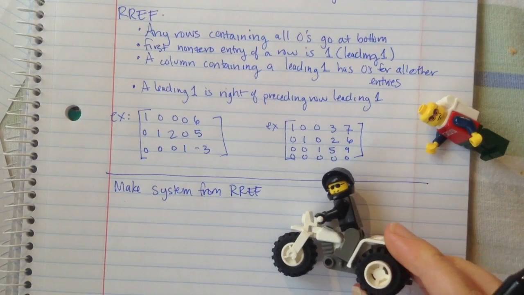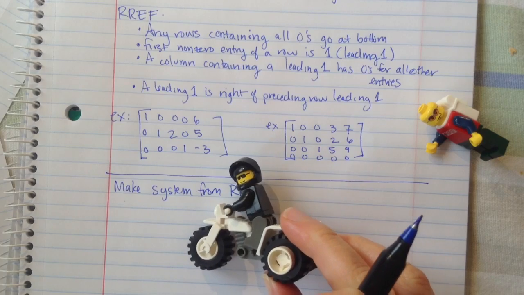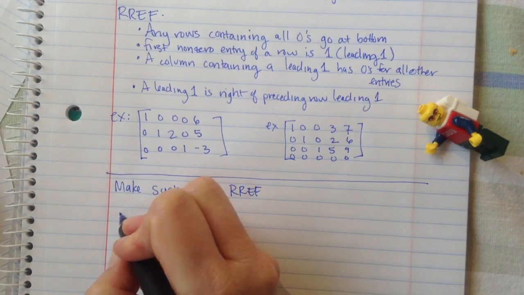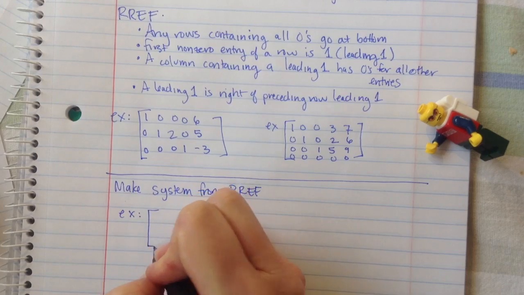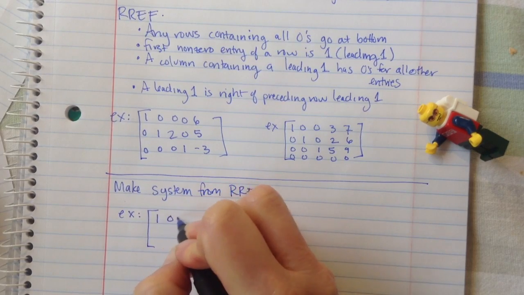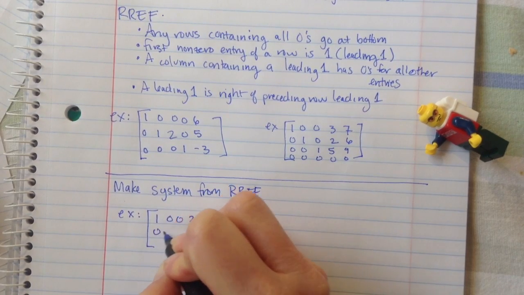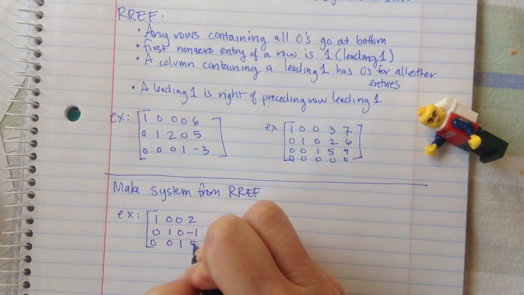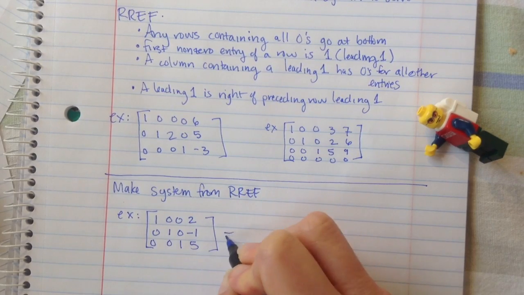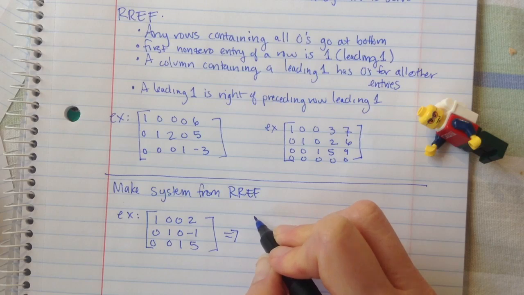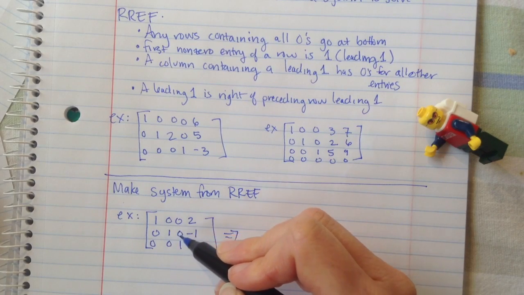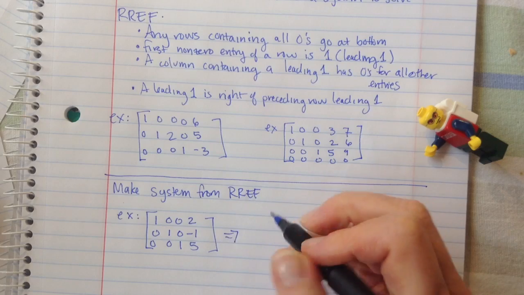Let's say that this is our row reduced form. Let's put this into a new system. We can see we're going to have 3 variables and a constant. So we definitely have an x, y, and a z, and these are our constants.